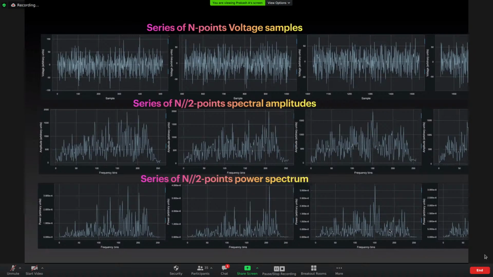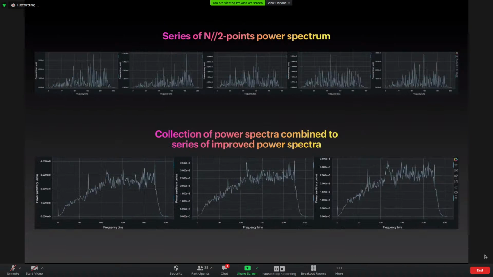It should be fairly straightforward to successively take 500 points of a voltage time series, and then in a loop, find its Fourier transform, take the absolute mod square, get the power spectrum, store it in a different array, and get the final array. That is the simplest, so that you don't have to worry about which axis you need to take the Fourier transform over, or inadvertently make any mistakes doing that.